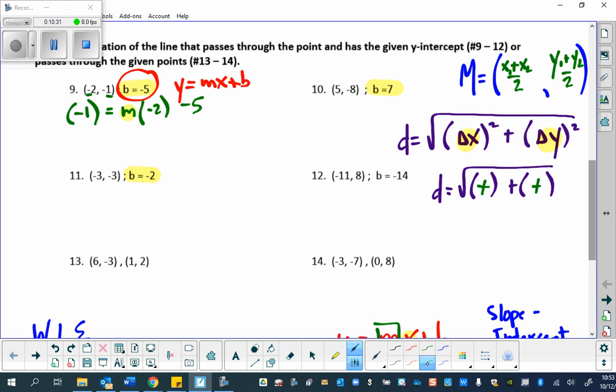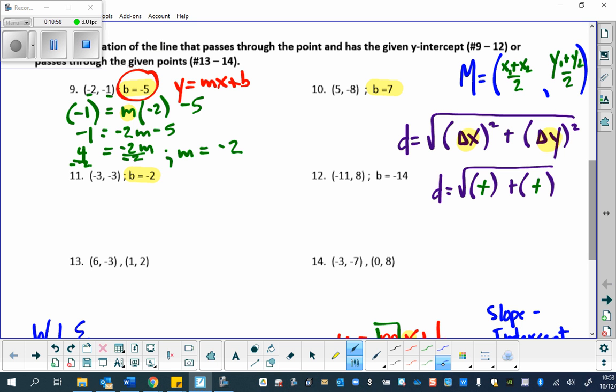When I go to solve, negative 1 is equal to negative 2m minus 5. If I add 5 to each side, 4 is equal to negative 2m. Divide by negative 2. So my m is equal to negative 2.